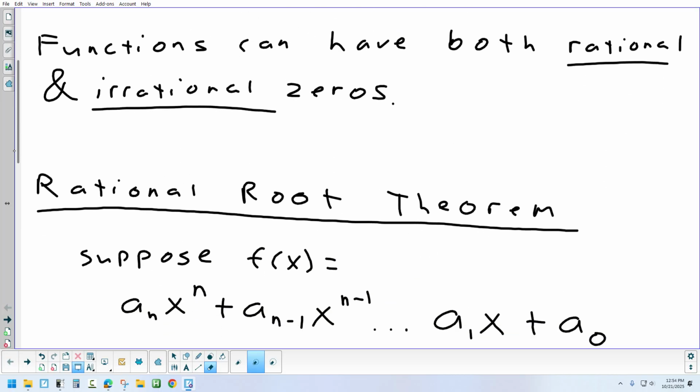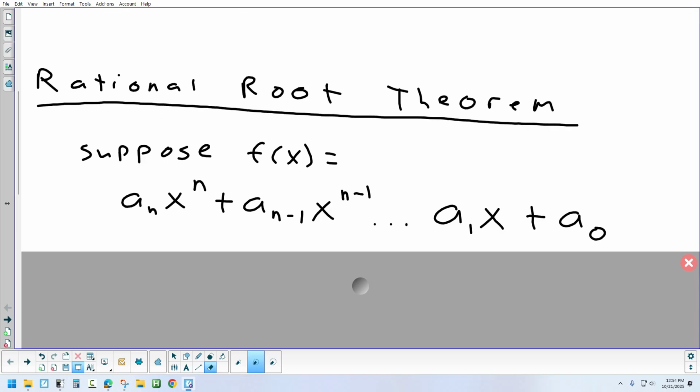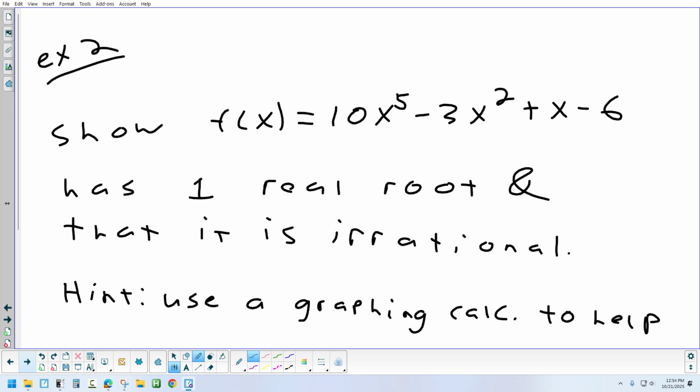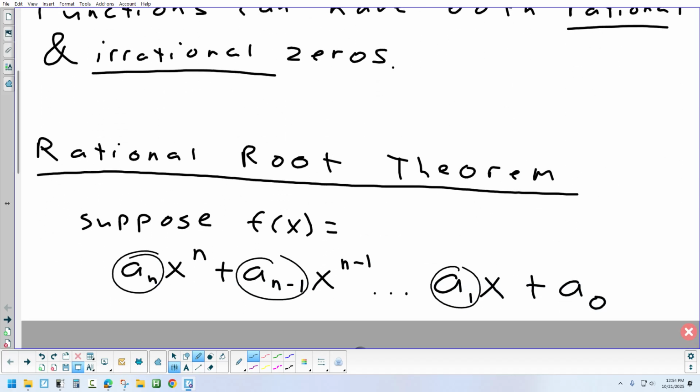So that's what this represents. Exponent going down. The numbers in front, these are the coefficients of x. So in the next problem we're going to do, they're going to be a 10, a -3, and a 1. And then the very last number is going to be a -6. Right over there.